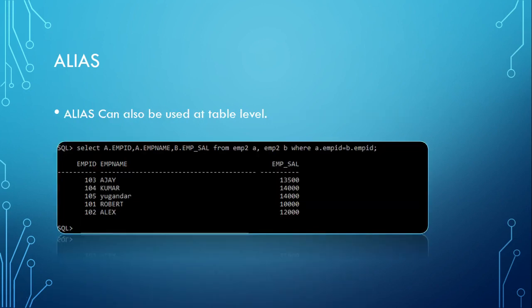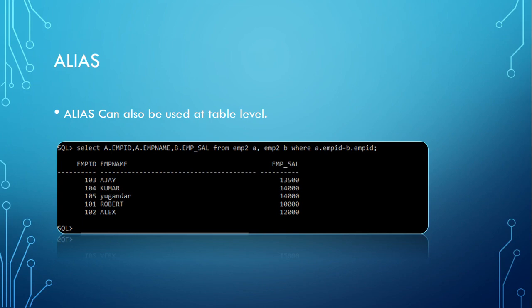Now let's look at the table level. If you look here: select a.emp id, a.emp name, b.emp salary from emp as a, emp as b, where a.employee id is equal to b.employee id. If you want to perform an operation within the same table, and you try to retrieve the data directly, you may not be able to do that.